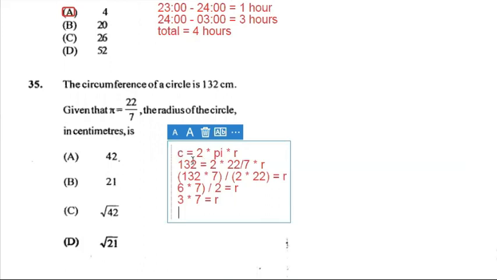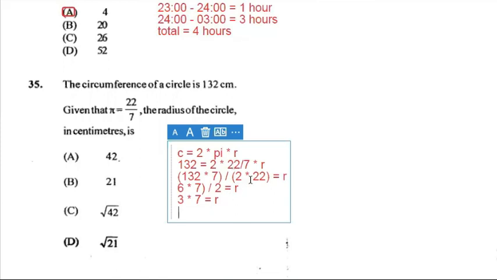The circumference is 132 equal to 2 multiplied by pi, which is 22/7, multiplied by r. And we're now making r the subject of the formula. So we're carrying across the 2, it becomes division, and we're carrying across the 22/7, it flips, so it becomes 7/22. So it is 132 multiplied by 7, and all of that is divided by 2 multiplied by 22.